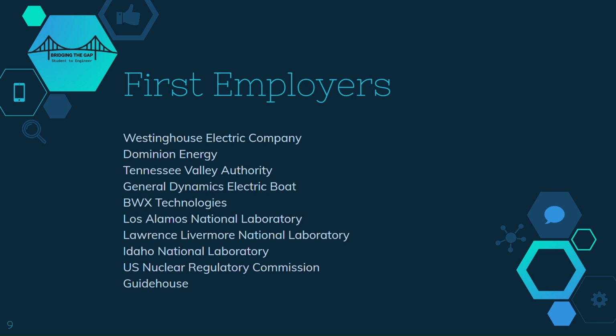Those first three are power generation. They own nuclear power plants, and they generate electricity with nuclear. General Dynamics Electric Boat is a funny name for a submarine company that does work on nuclear submarines, but it's called Electric Boat. So I thought that was a little bit odd with that name, but something to look up if you're interested.